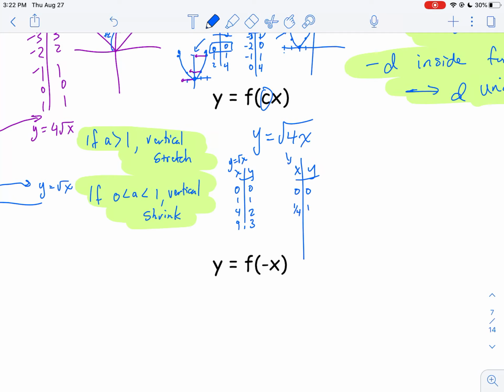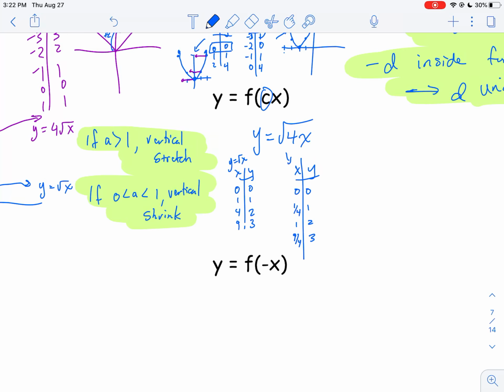To get the same y value as 4 in the x value here, I'm going to have to put the number 1 in for x, because 1 times 4 is 4. The square root of 4 then is 2. And then this is going to be the same way. It's going to be 9/4. When I put 9/4 in, times 4 is 9.